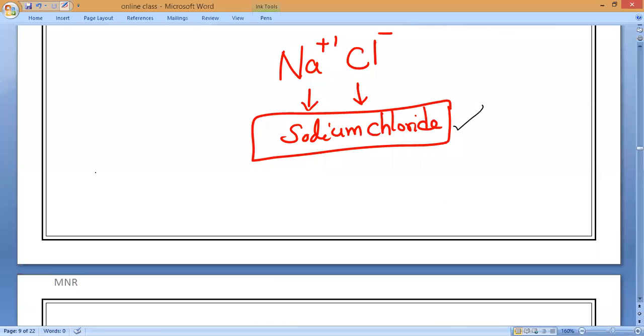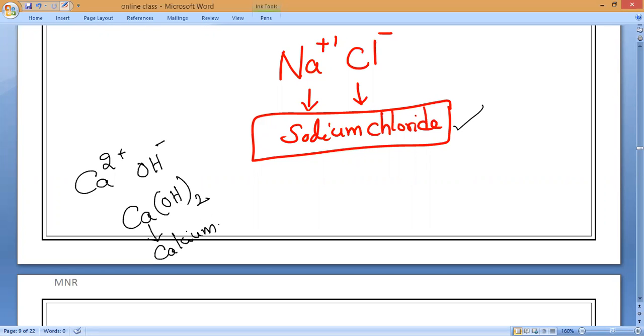For example, if you take calcium, it will give 2 electrons, and hydroxide will take only 1. So if I write the formula, calcium, Ca(OH)2, OH twice will come. Now what is the name of the calcium ion? Calcium only. And OH means what? Hydroxide.